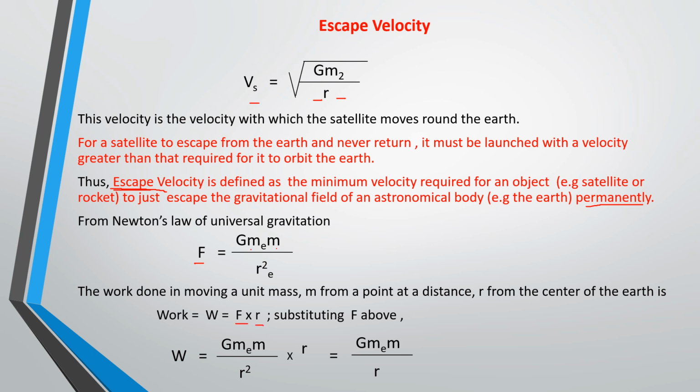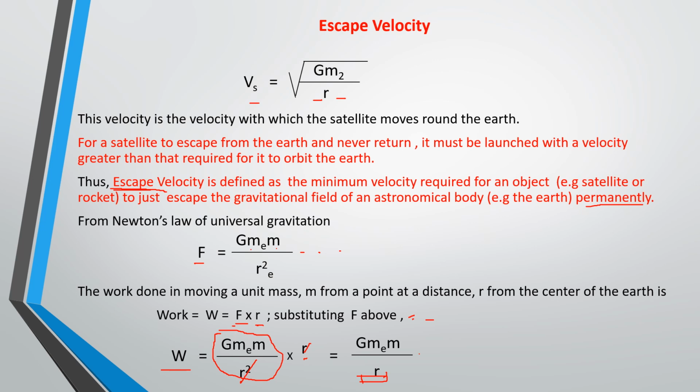So if we substitute this force into this equation, this is what we're going to have: work done is equal to force times distance. By the time you do the cancellation, you will have this equation.